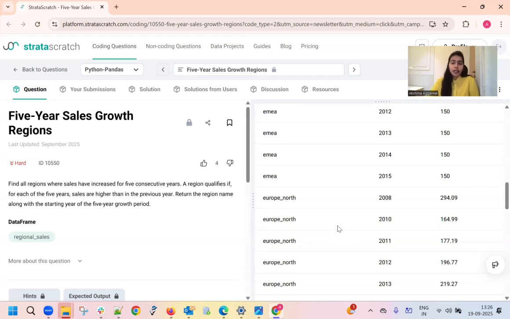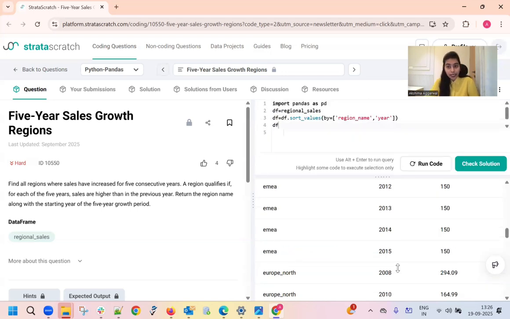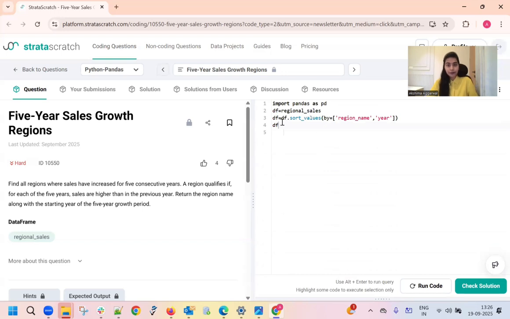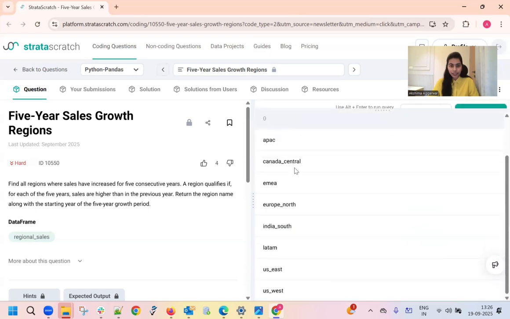Okay. Now, first of all, I'm going to make the list. Now, let's see the list. So these are the regions present in our data frame.